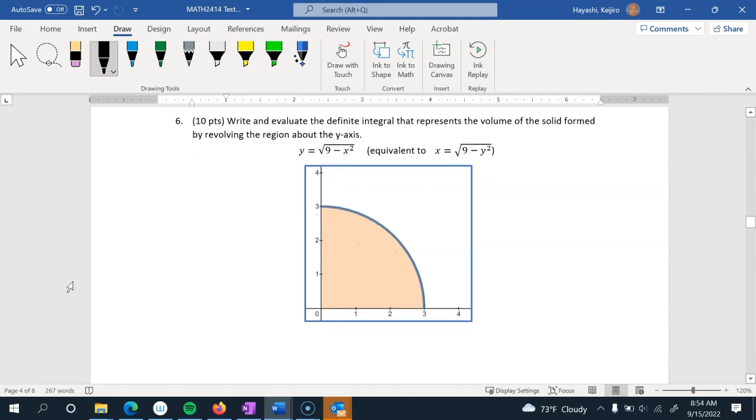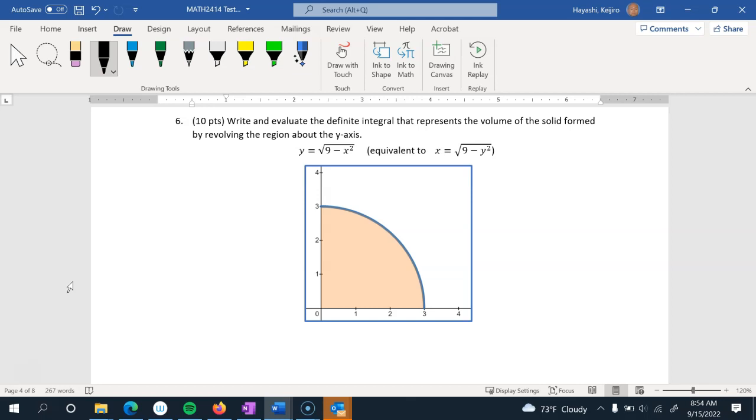So this is a quarter circle in the first quadrant of radius 3. It has the equation y equals the square root of 9 minus x squared, or it also has the equation x equals the square root of 9 minus y squared. It's the same thing, just depending on what you're planning to do.